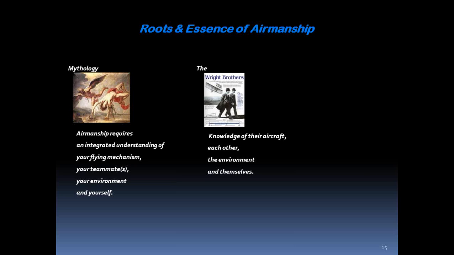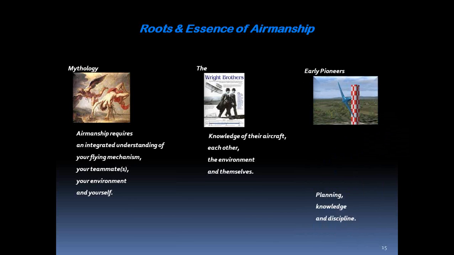Knowledge of each other. If you read any of their autobiographies, it's really interesting to see how they chose who was going to fly on a certain day based on their individual strengths and weaknesses. They knew their environment. They went to Kitty Hawk because they had researched the best place for their test flights, and they knew themselves. They knew their individual strengths and weaknesses personally.